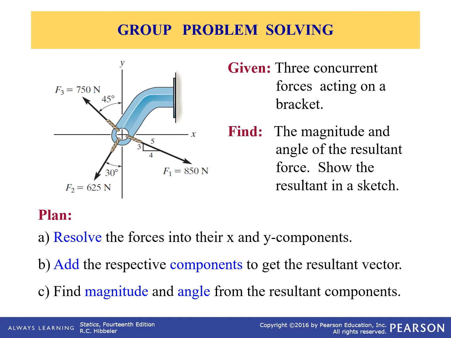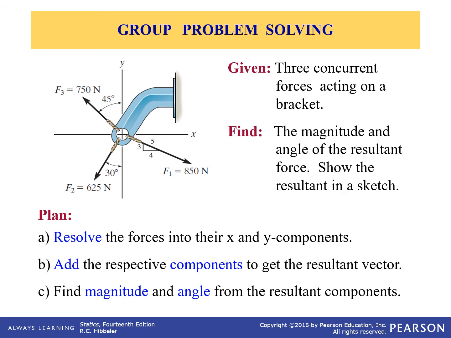And they want you to find the resultant force. Basically the process is you're going to resolve the forces into their xy components, combine the x values, combine the y values together. Then you'll take that and find the magnitude and phase angle, and voila, you'll have your answer.